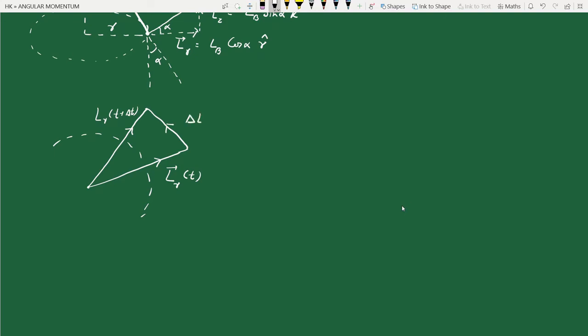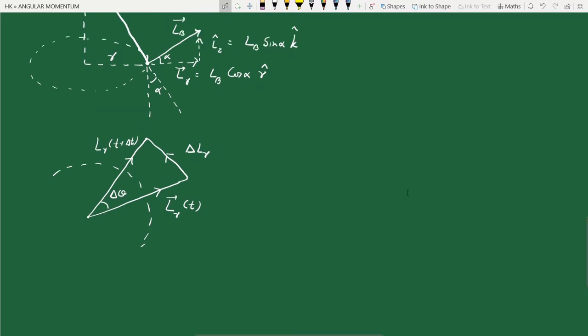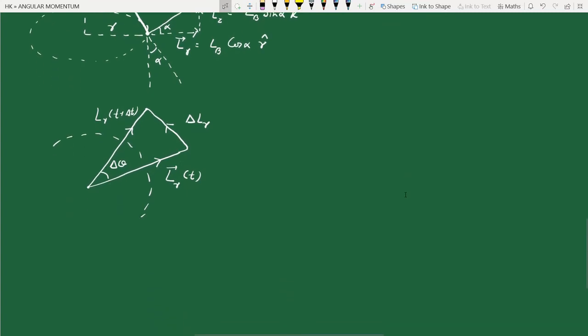Let us call it delta LR, and this angle traced is delta theta within the time delta t. When delta t is very small, the angle delta theta will be very small. So we can clearly write that delta LR is approximately equal to LR into delta theta.